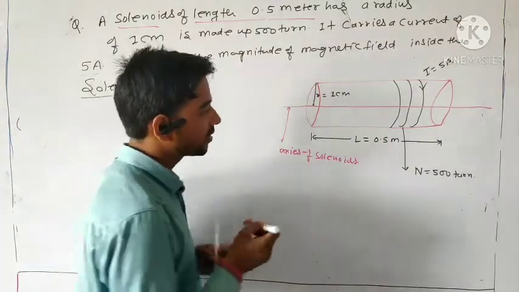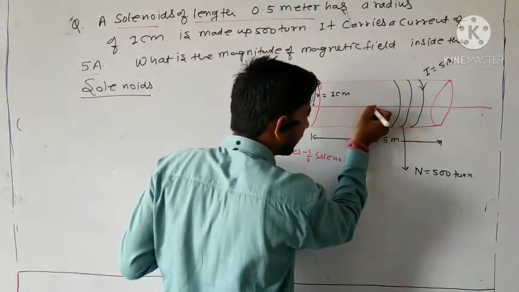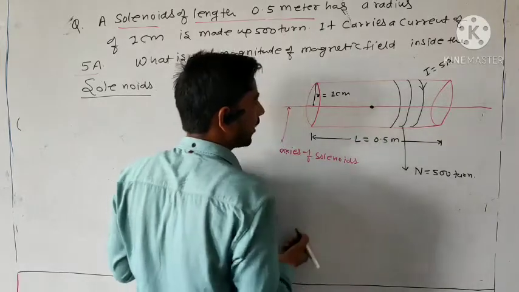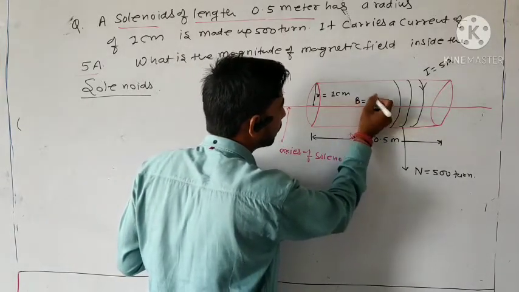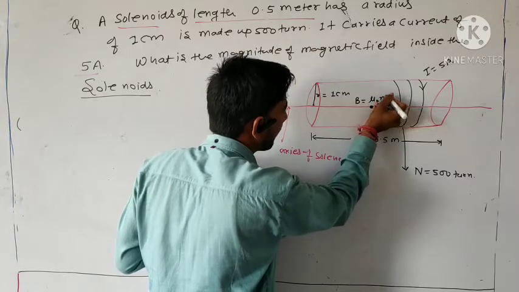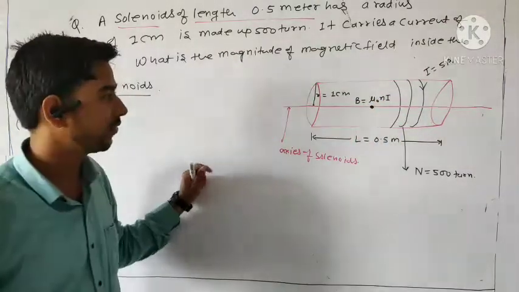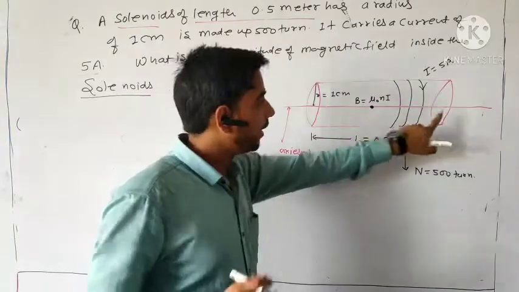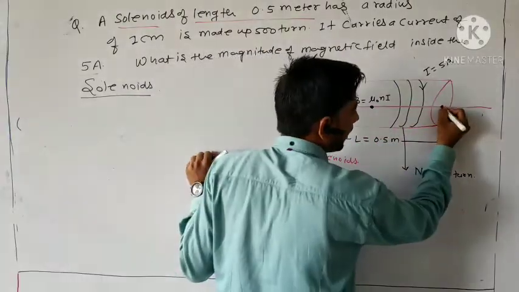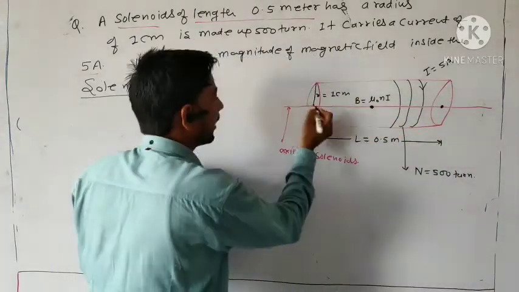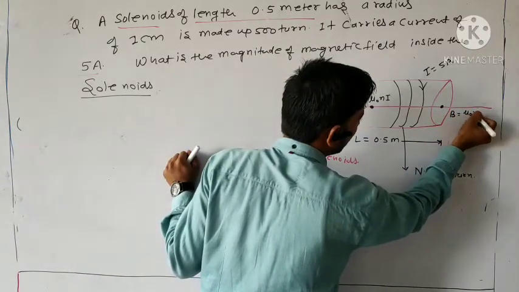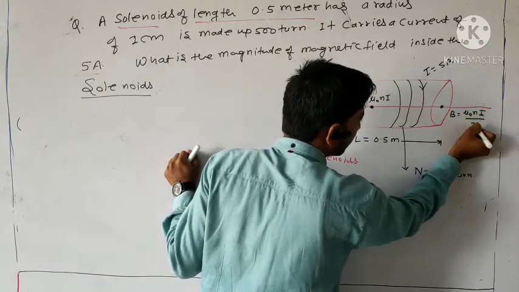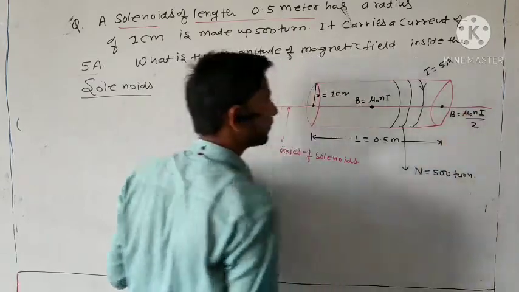On this axis, this one is called the center of the solenoid. At the center, your magnetic field B is equal to mu 0 N i. This is the formula of the magnetic field at the center. And at an end, at any end, either here, your magnetic field is mu 0 N i by 2, that means half of the center.